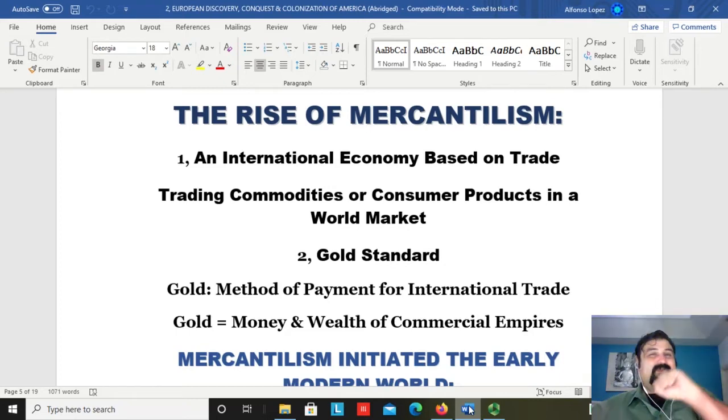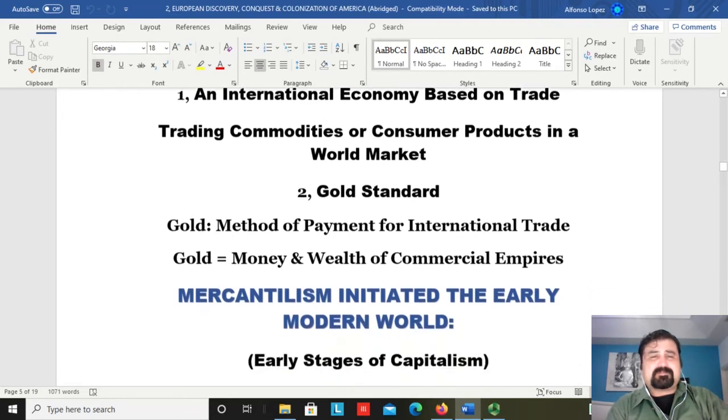So there is going to be, of course, the export kind of trade that mercantilism brought into being. That is what mercantilism is: you trade, and this is how you create wealth. So this is one of the first principles or characteristics of this rising economic system.